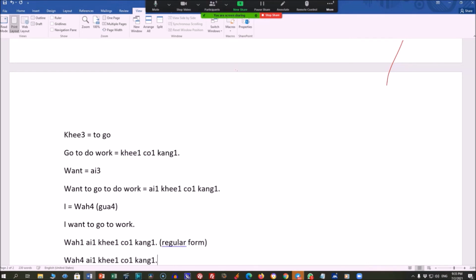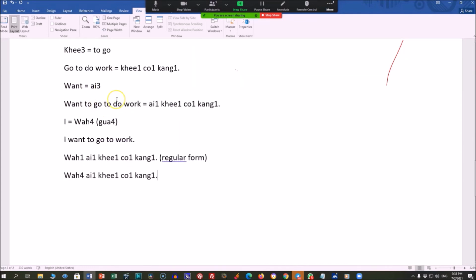However, you can also have a tone in the emphatic form. That's to say, you want to emphasize something. In this example, you are emphasizing the subject. So instead of wa ai ki zhou gang, it becomes wa ai ki zhou gang.